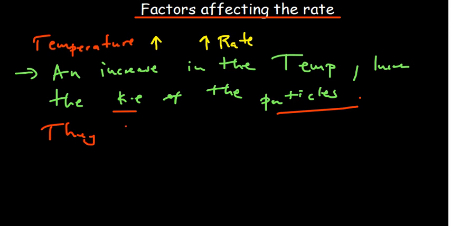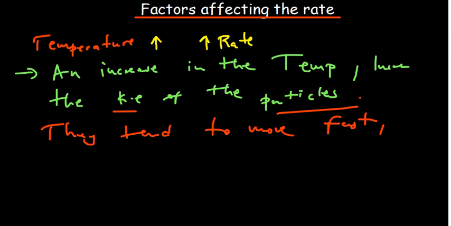Particles tend to move faster. So if they move faster, what happens? The likelihood of collisions increases, or more collisions occur, leading to more successful collisions, leading to the reaction taking place. Because according to collision theory, we need particles to collide, and they should collide with sufficient energy. So if we increase the temperature, we increase the kinetic energy of the particles, which means they tend to move faster, leading to more successful collisions between the reactants.